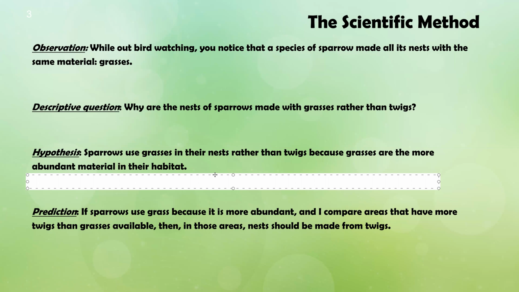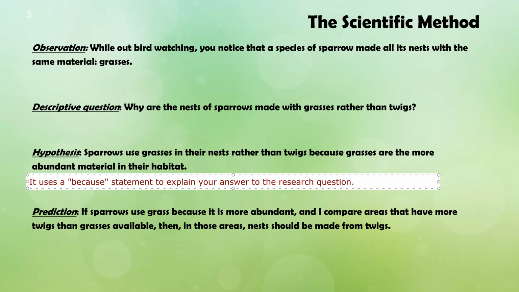And so I think that that is why sparrows use grass, because there's more available. So what I want you to notice about this hypothesis is it uses a because statement to explain your answer to the research question.